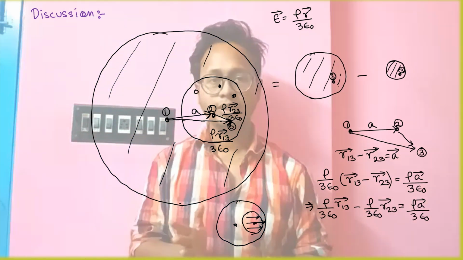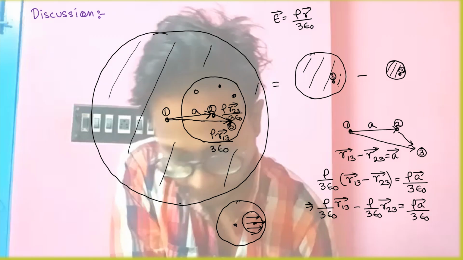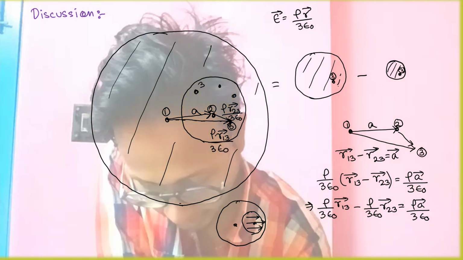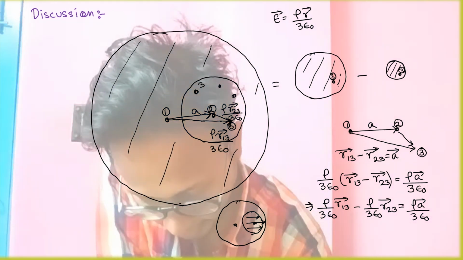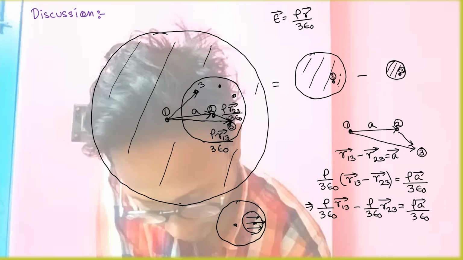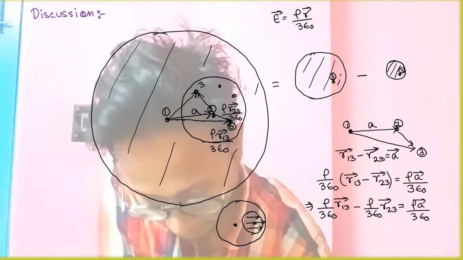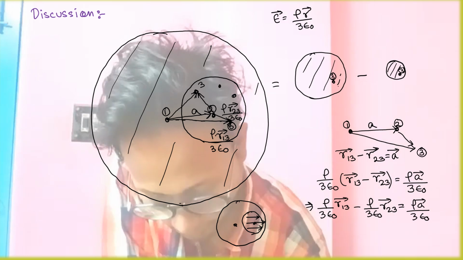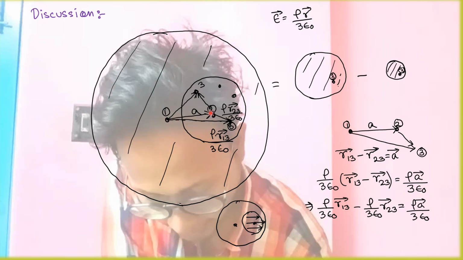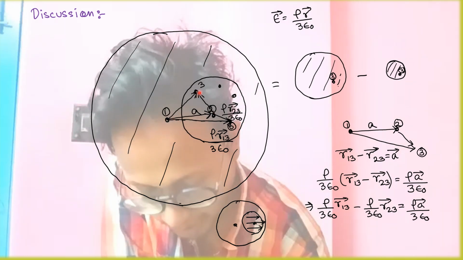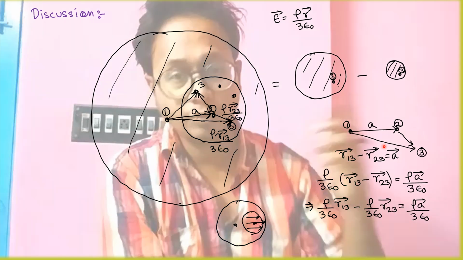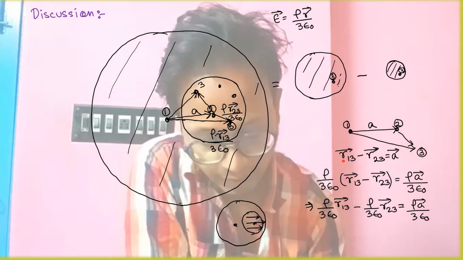The a vector is the vector from the center of the largest sphere to the center of the cavity, and it doesn't matter where in the cavity you are. Suppose I'm taking this point 3: r13 vector is this one, r23 vector is this one. Applying the triangle law of vector addition, a plus r23 is equal to r13, and bringing r23 to the left-hand side, we get the same equation.